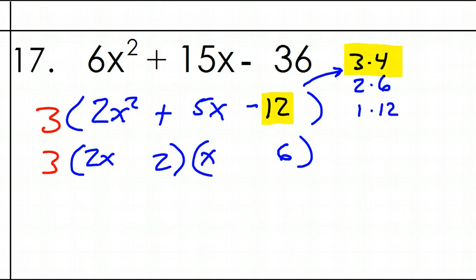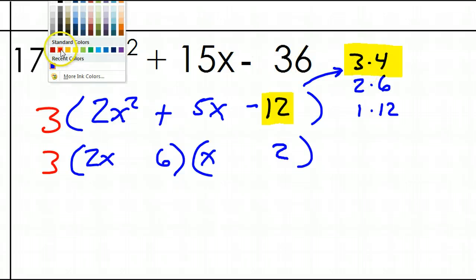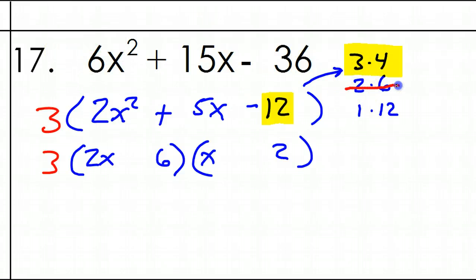Alright, both of these are divisible by 2. If you go 6 times 2, well, that's still a GCF. Both of these are divisible by 2. Now, we happen to start with the 3 and the 4, but I'm just trying to show you the power of this shortcut here. You can eliminate that option completely. So if you realize that, it cuts the time that it takes you to do these problems in half. Okay, so we go straight to 3 times 4.